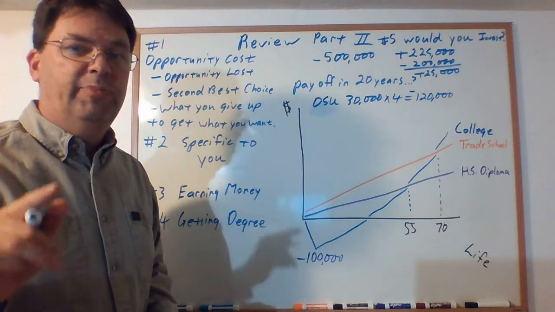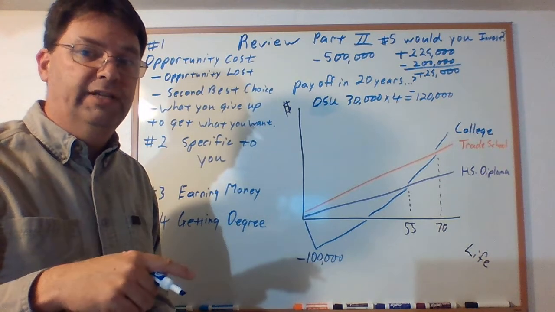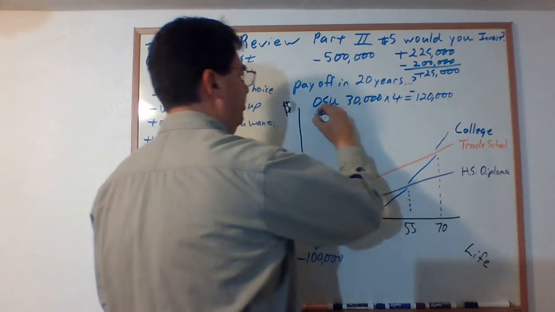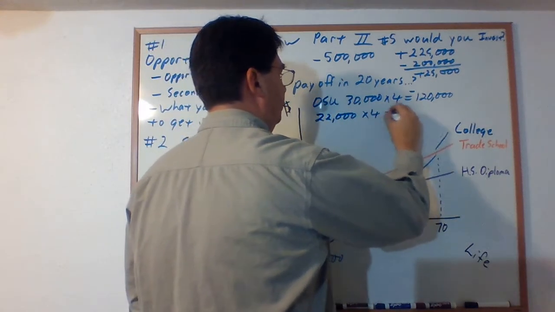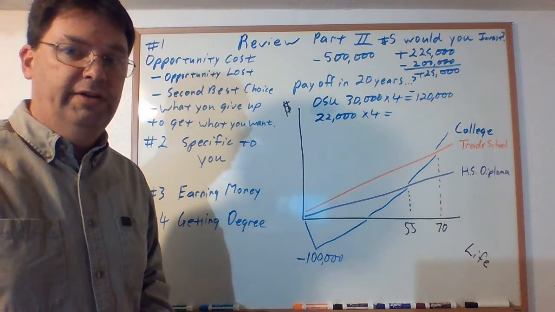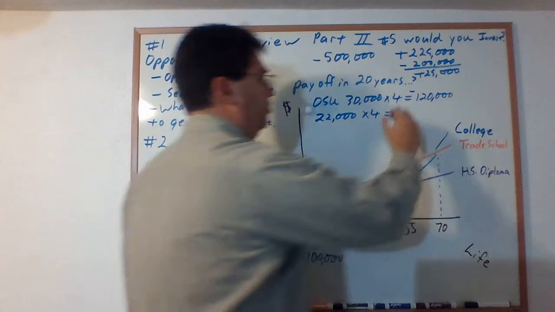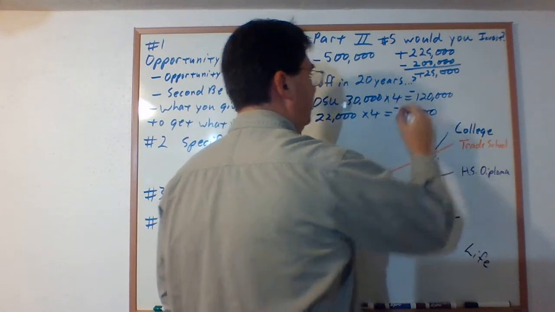Now, what's your opportunity cost? What did you give up to go to Oregon State? Well, at minimum wage, if you're just making minimum wage for a year for 4 years, that's 22,000 times 4, that's $88,000.